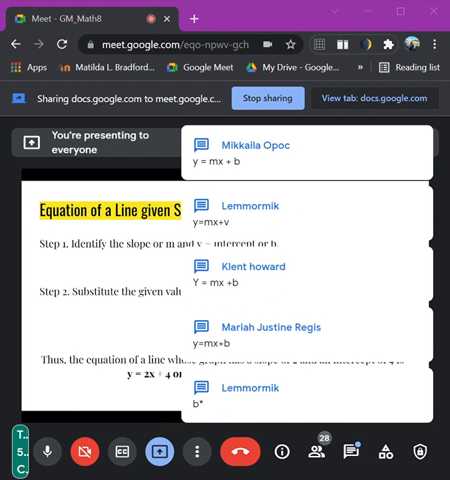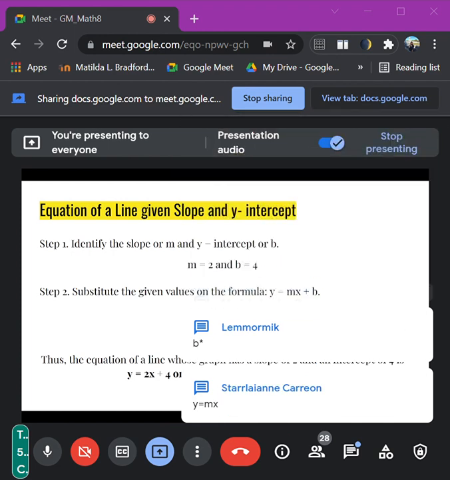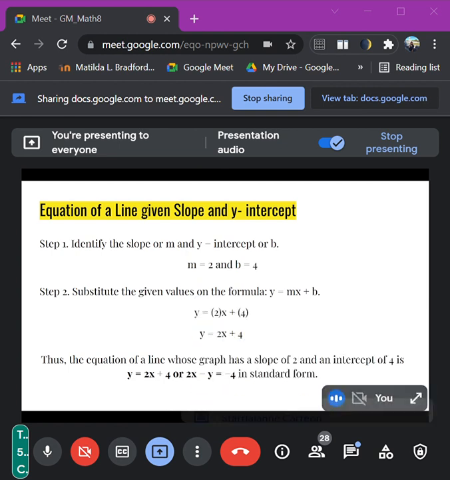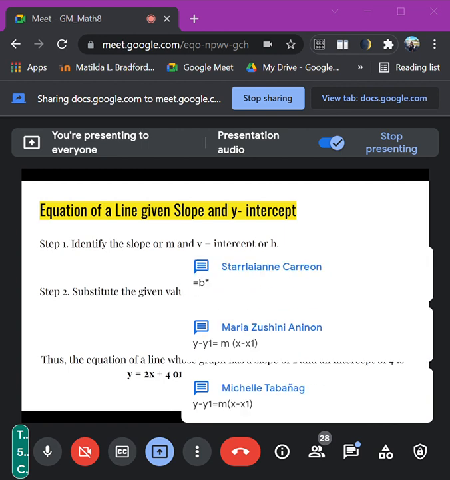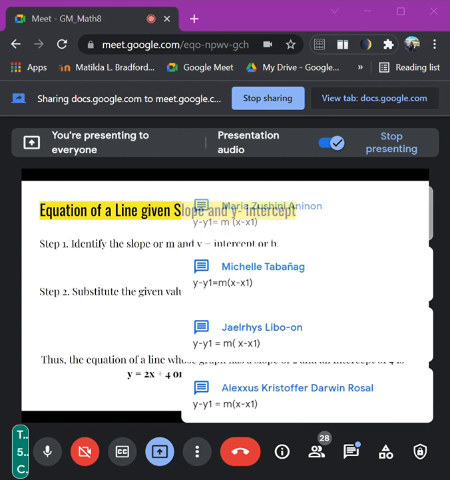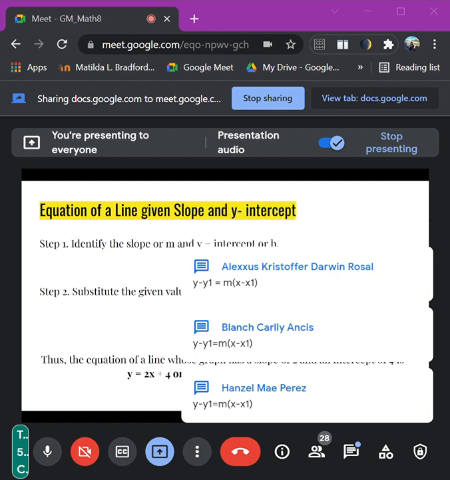Okay, very good. And now for the last one, what if we are given a slope and a point? What are we going to use? Okay, we have from Aninyon: y minus y sub 1 is equals to m quantity x minus x sub 1.